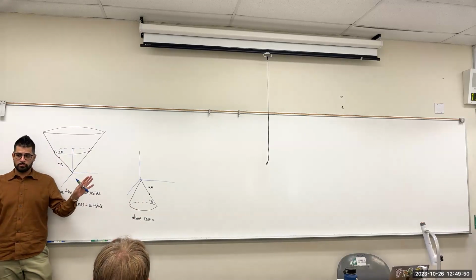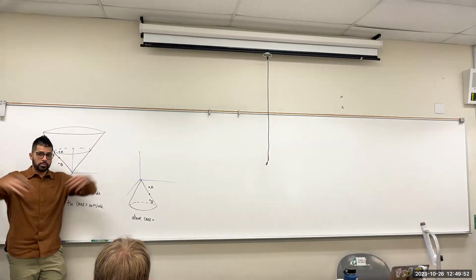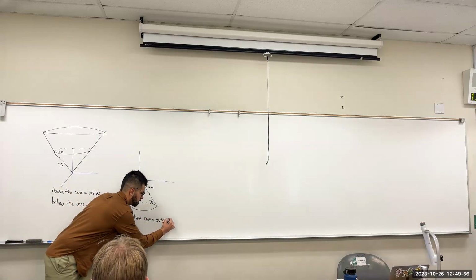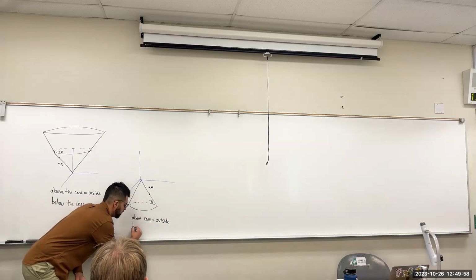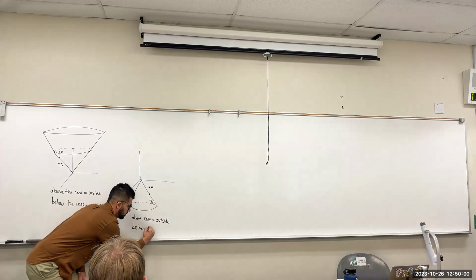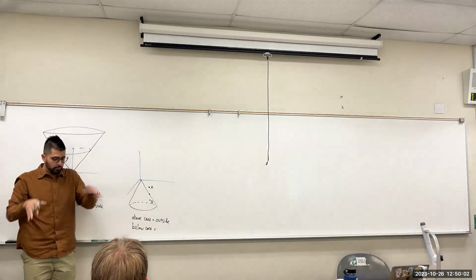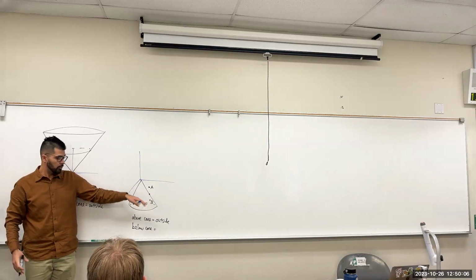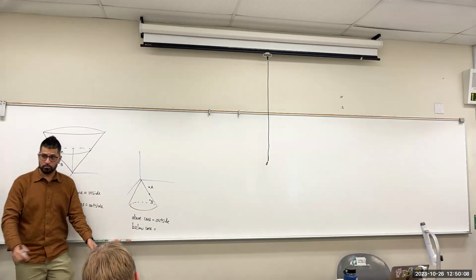It's going to be outside of the cone. Versus if it's below the cone, notice that because it's facing down, the z-coordinate will have to be less than, so it'll force it to be inside the cone.